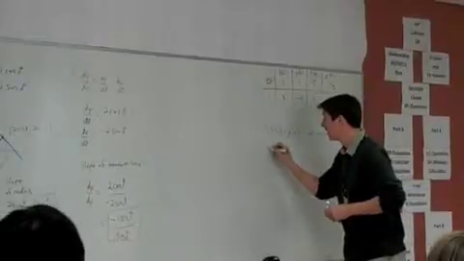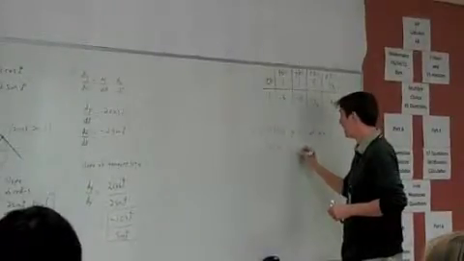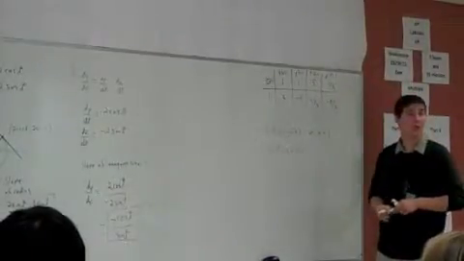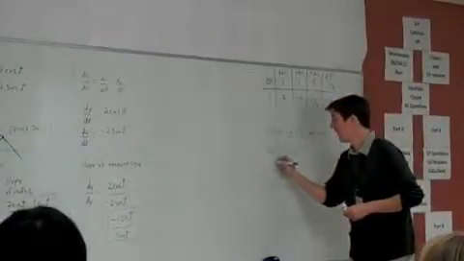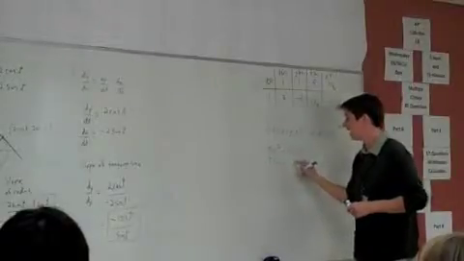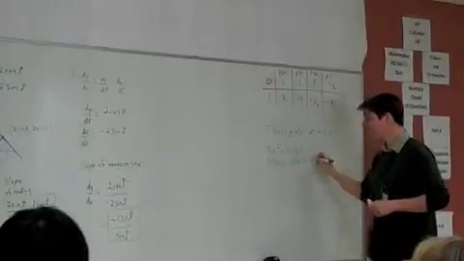Let me write this. What if this was 5x squared minus sine of x, and I wanted to know the derivative at x equals 1? What would you do? 5 times the derivative of this minus the derivative of this.